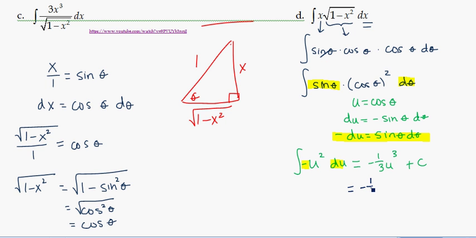So this is negative 1/3, and instead of writing u, I'm going to write cosine of theta cubed. But then actually we have to back substitute one more time because we want our expression back in terms of x's. And what is cosine of theta equal to? Well, cosine of theta is equal to the square root. So that's the square root of 1 minus x squared, cubed. And so that's our answer.